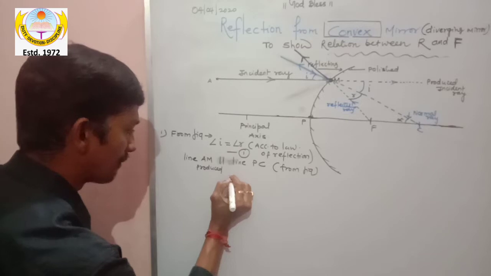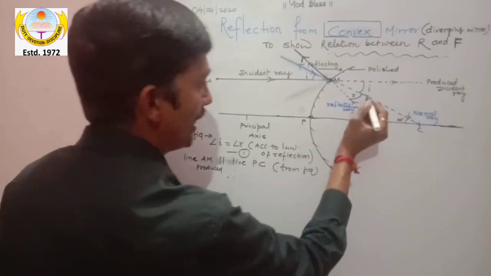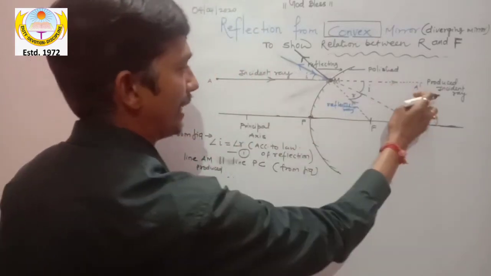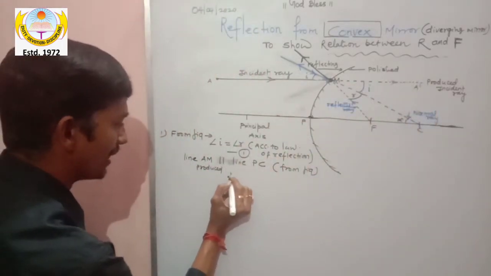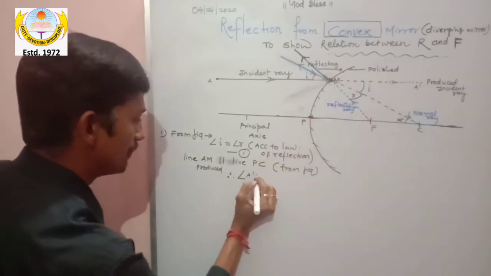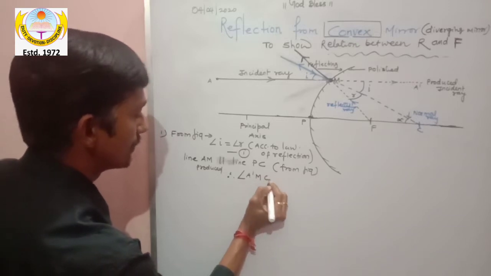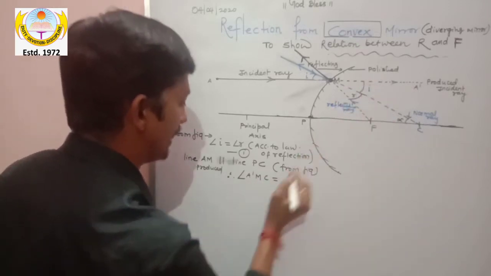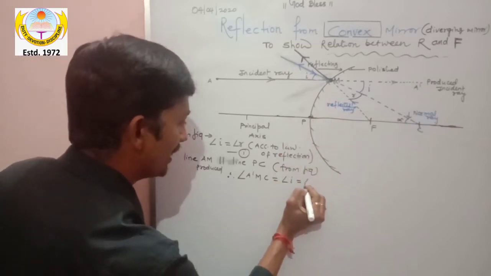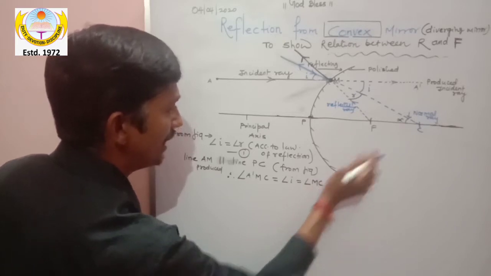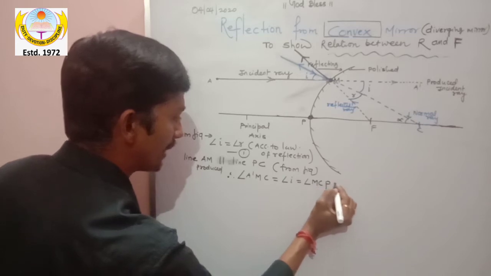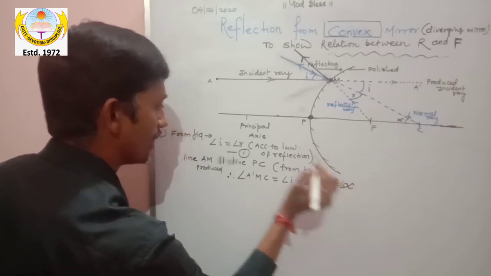Because of that, so sir, angle you can write here A dash. Because here it is A, here A dash. Therefore angle A dash MC is how much? Angle I, and that is equal to angle MCP, that is equal to alpha, angle alpha.